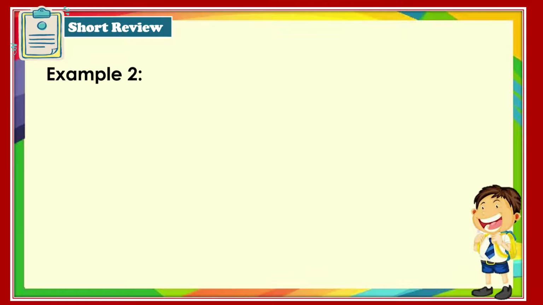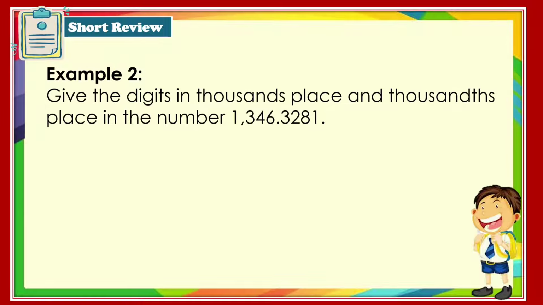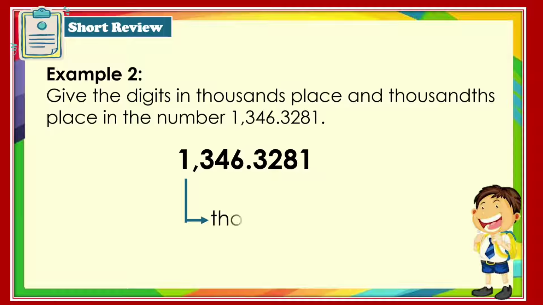Example number 2. Give the digits in the thousands place and thousandths place in the number 1,346 and 3,281 ten-thousandths. Let's have the solution. Step 1: in the given 1,346 and 3,281 ten-thousandths, the digit in the thousands place is 1, as it is the fourth digit to the left of the decimal point.